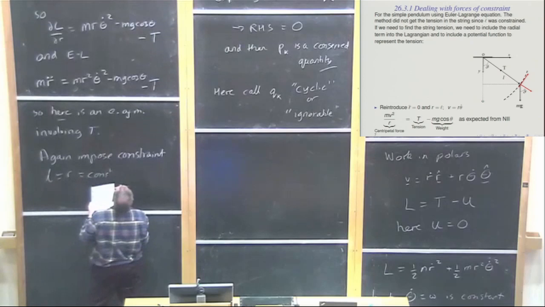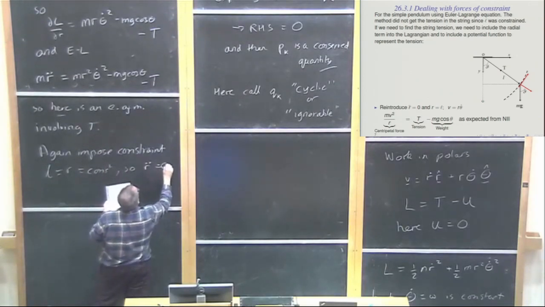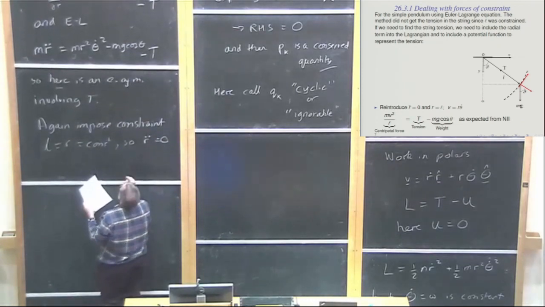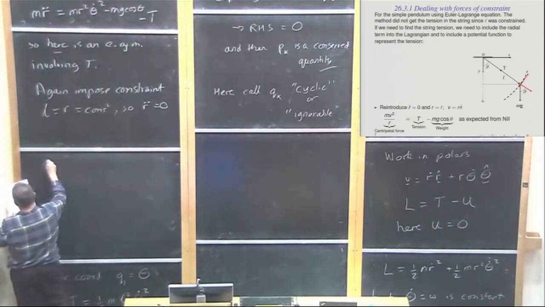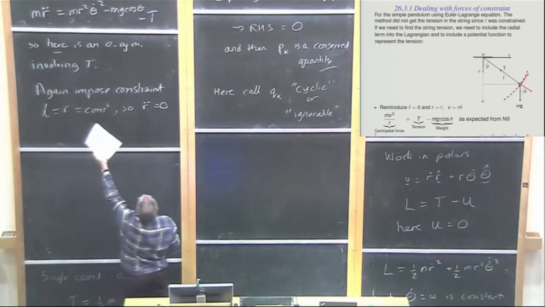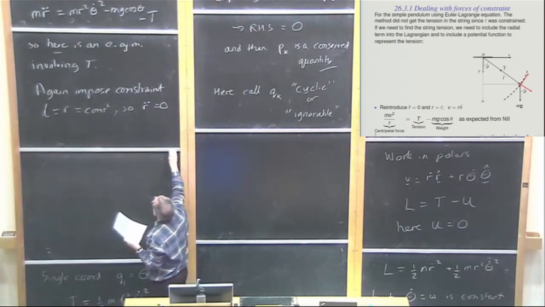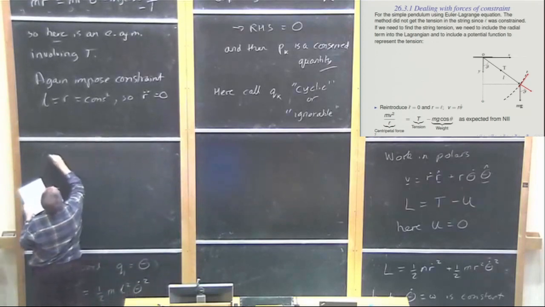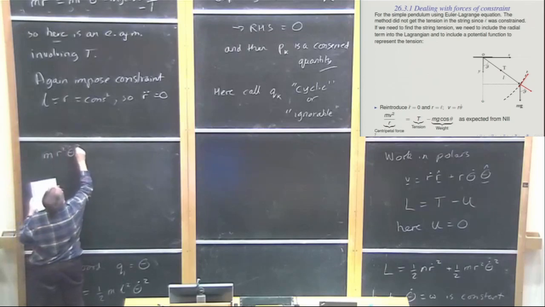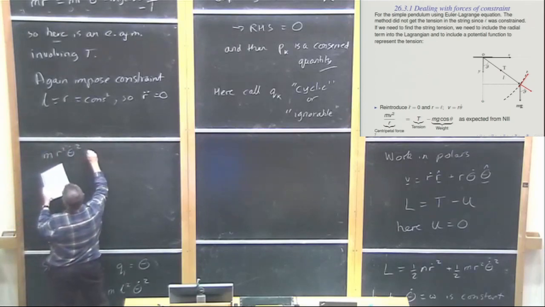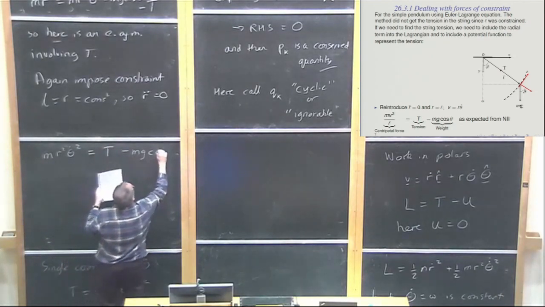So R double dot is equal to 0, and we get 0 on the left-hand side, so we just have these three terms. Let me put one of those terms on the left-hand side, mR squared theta dot squared, and on the right-hand side I'm going to have T minus mg cosine theta.